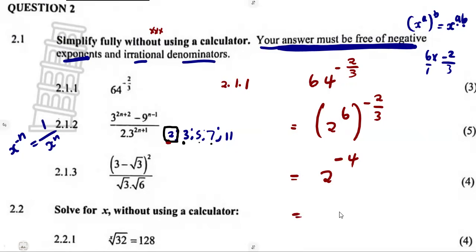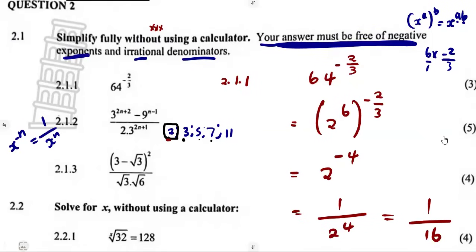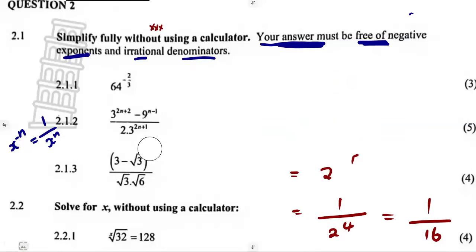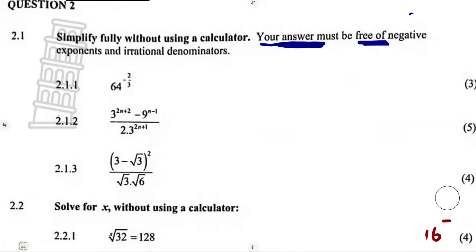So that's 1 over 2 to the exponent of 4. That's a 16. So it was going to give us 1 over 16 at the end. All right, so for 3 marks, guys, we can see that we have those stages. They're actually important for you to indicate those stages.